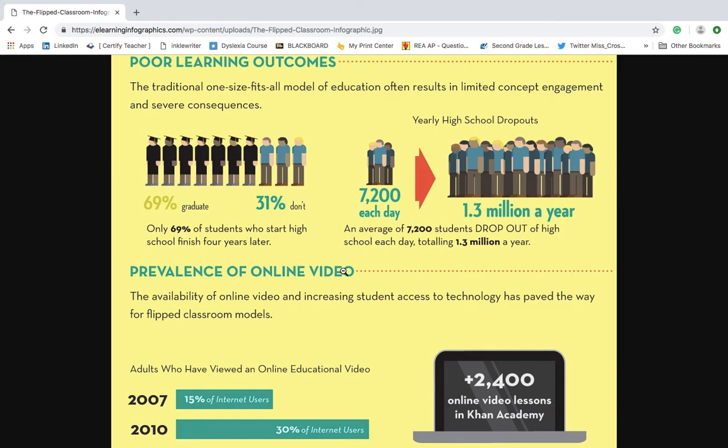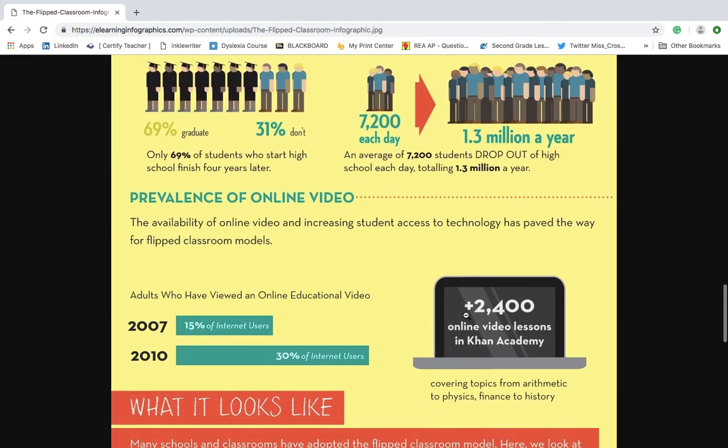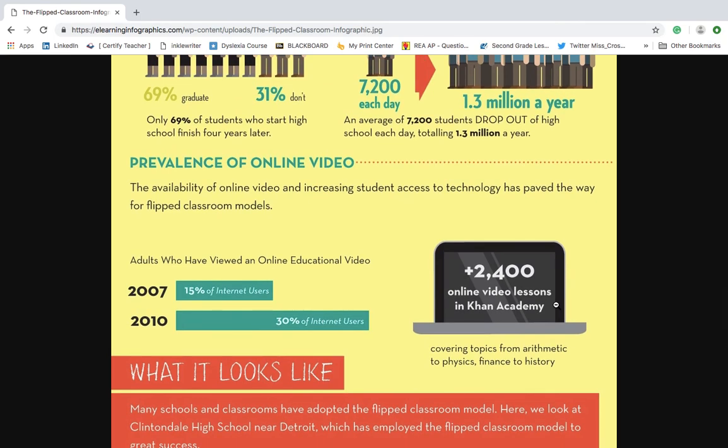Now, 2010, which we are way past, but 2010, 30%. Look at that jump from 15 to 30 just within 3 years. As you can see over here, more than 2,400 online video lessons were on Khan Academy, and that covered so many different subjects.